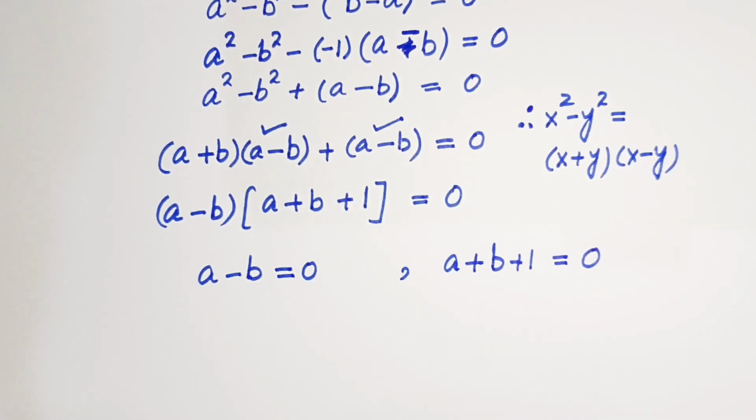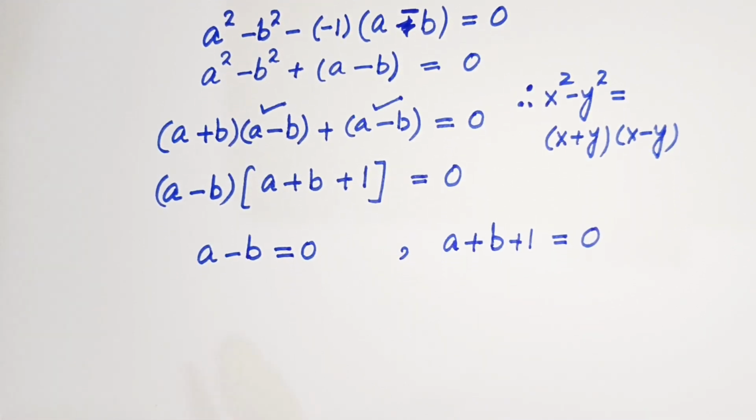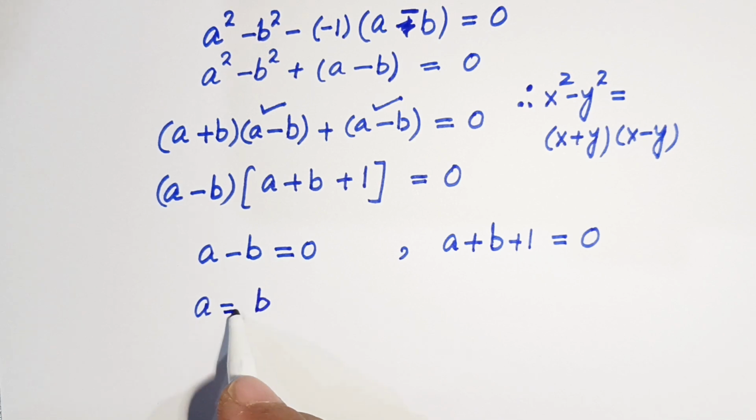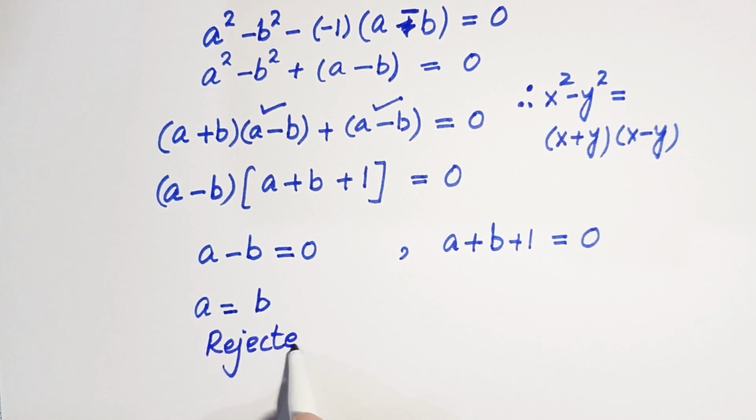So if we solve the first one, that is a minus b is equal to 0, when minus b is shifted to our right hand side, we get plus b, so a is equal to b. So a is equal to b is rejected because in the given problem it is given that a is actually not equal to b.